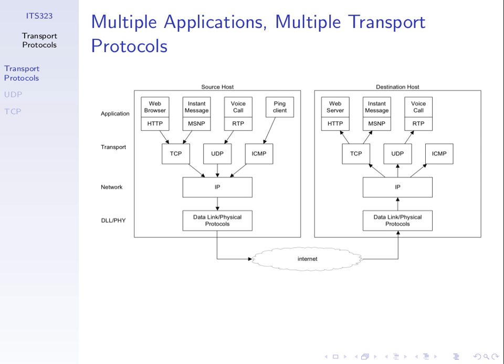So make sure you understand what the different addresses identify. Some identify computers, some identify transport protocols, and some identify applications. Any questions on the general addressing?